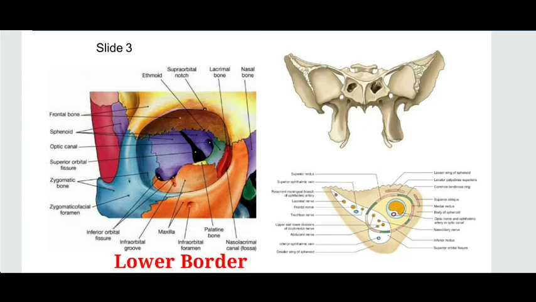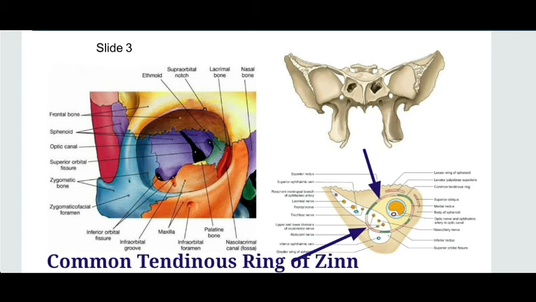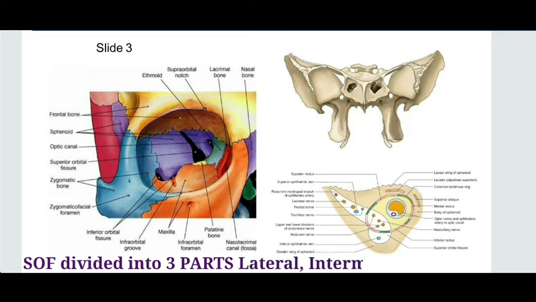And the lower border of superior orbital fissure is marked by a small projection which provides attachment to the common tendinous ring of Zinn. This ring divides the superior orbital fissure into three parts: lateral, intermediate, and medial.